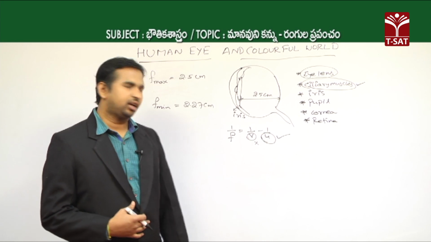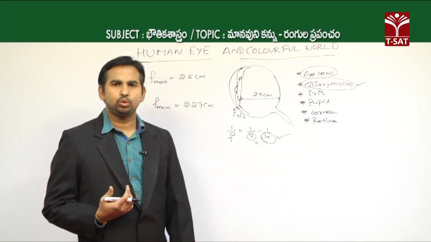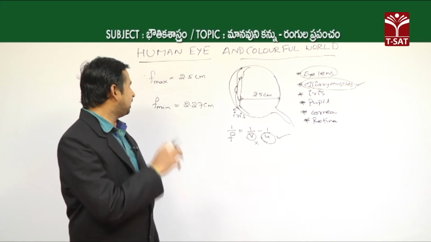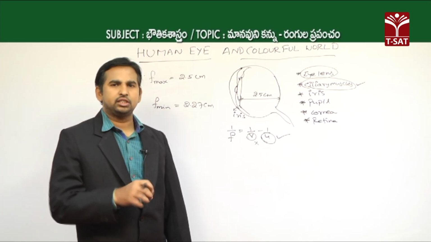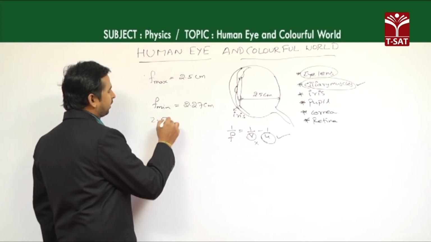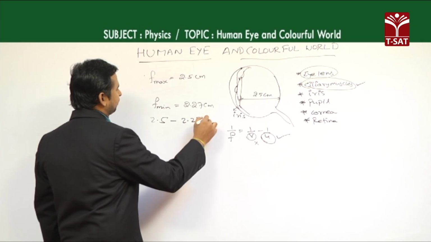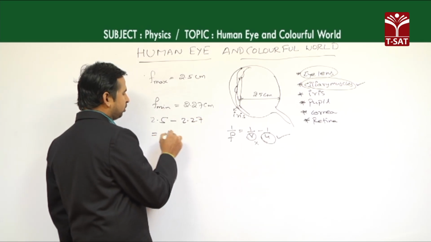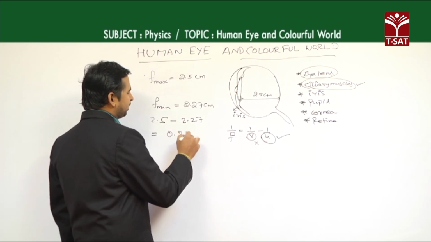That length to be maintained is nothing but 2.27 centimeters. Okay. So which means that the range over which the ciliary muscles can adjust the focal length of the eye lens is between 2.5 and 2.27 centimeters, which means our eye lens is flexible by around 0.23.